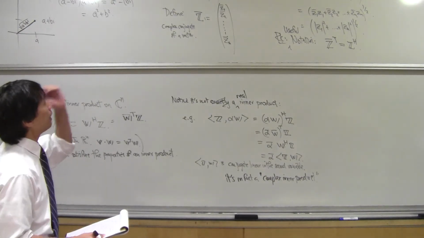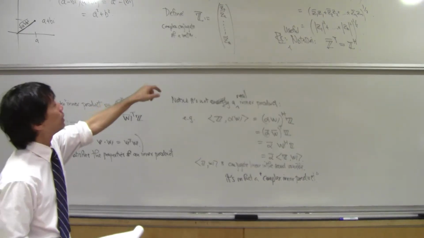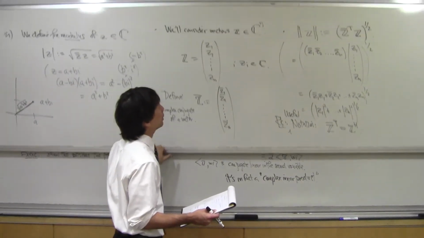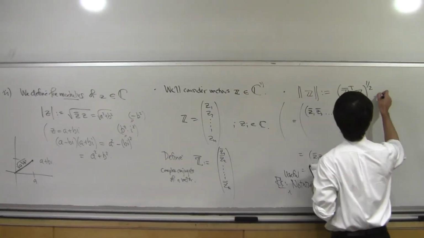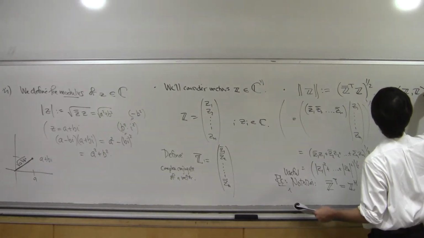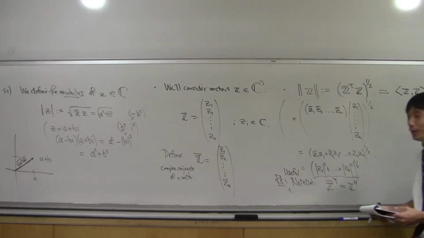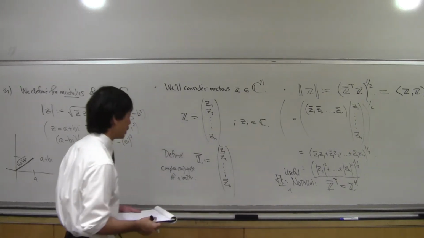Because when you multiply a vector by itself, using our new notation, this is z against z to the 1/2, and that boils down to this number. But this is always greater than or equal to 0 unless all the entries are 0. So that property is still okay. We've now checked it.